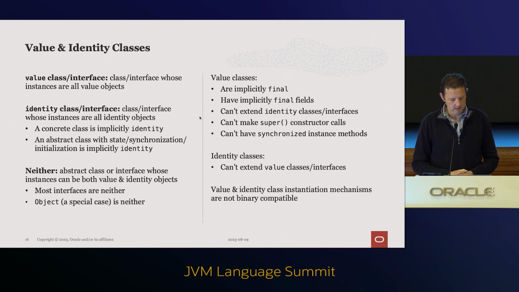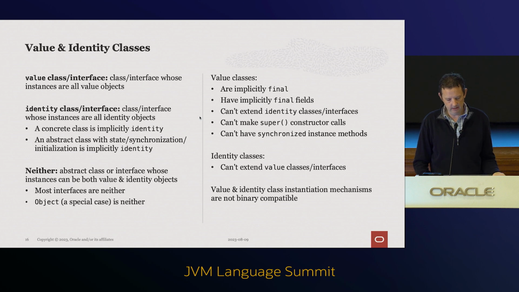And the class object is also a case of a neither. So you can call new object as before and get an identity object that typically gets used for locking. But of course, value classes extend objects. So if you just have a variable of type object, you don't know what kind of thing you're working with. There's some restrictions on value classes that I list there.